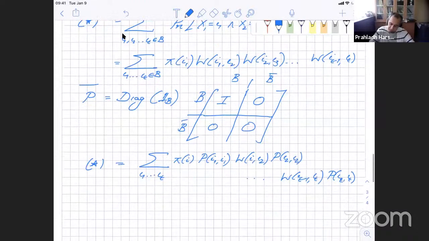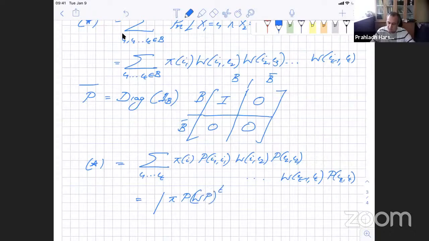This, if you look at it, is nothing but the L1 norm of the vector pi P (W P) to the t minus 1.